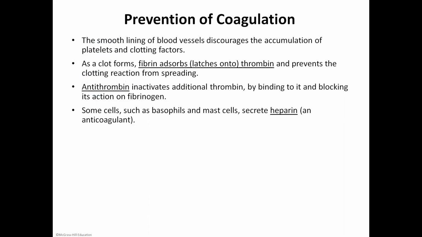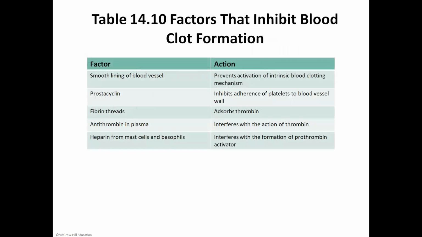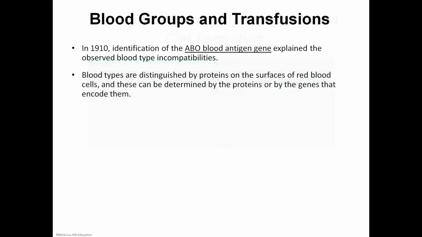Antithrombin helps to inactivate additional thrombin, and we also can secrete heparin, which is an anticoagulant. Which is why, if someone has issues with blood clotting, maybe they have an overproduction of clotting, or they may have clots, you may hear about them being on heparin or Coumadin. All right, and these are just some of those factors that help to inhibit blood clot formation.